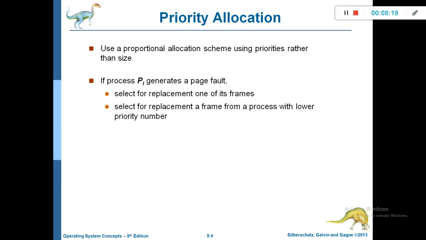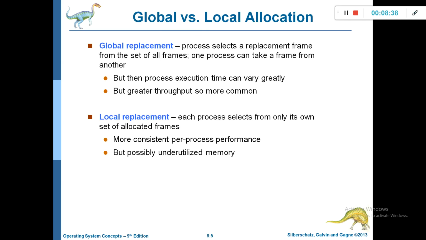Select for replacement a frame from a process with a lower priority number. That means we are replacing the pages of the lower priority processes, which we call allocation of frames using priority. This is another method we are using for allocation of frames.